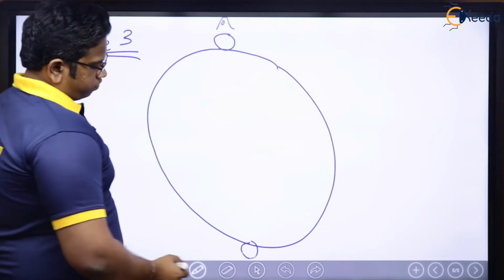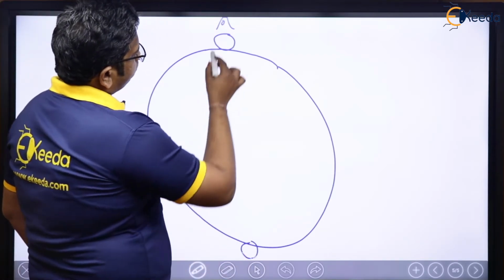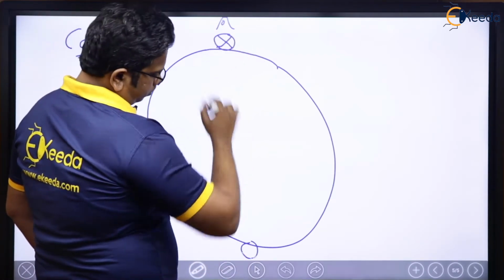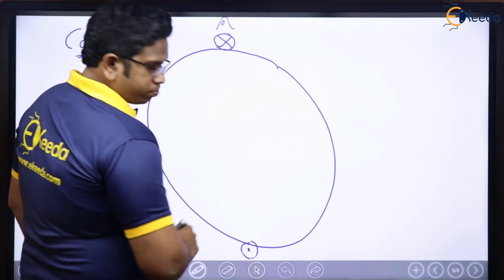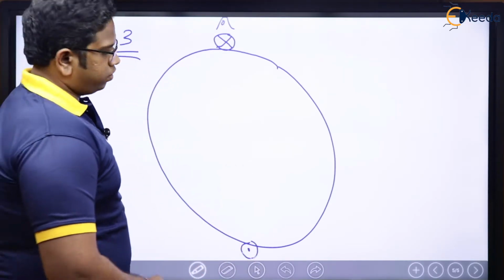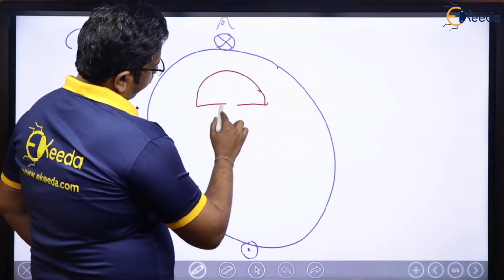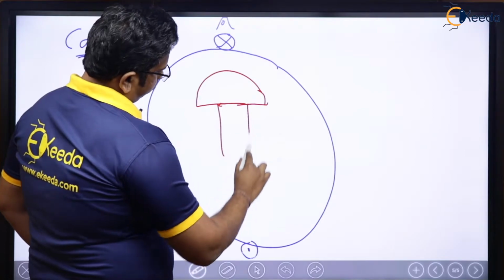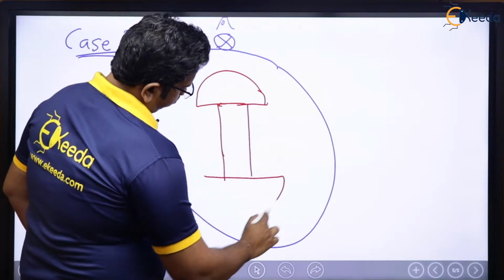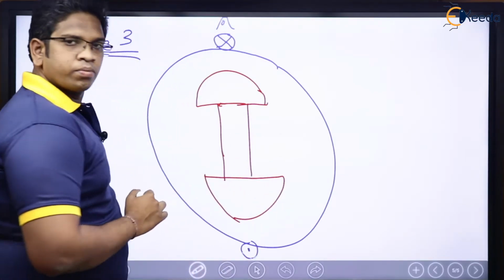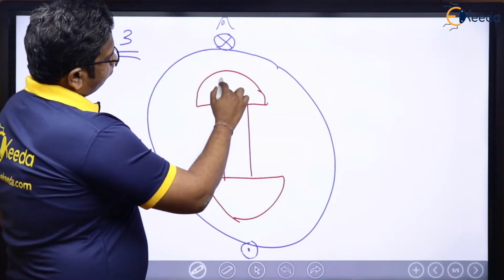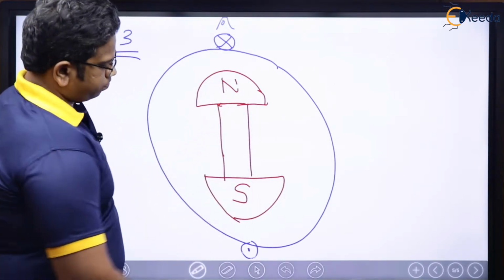Now what I am doing from here, I am going to inject some current here like this. This is, let us say, cross, and this is, let us say, dot, right? And now I have a rotor like this. And let us say this is the N pole of the rotor and this is the S pole of the rotor.